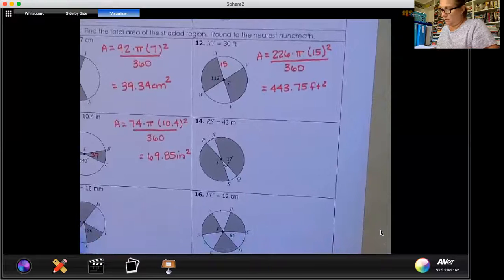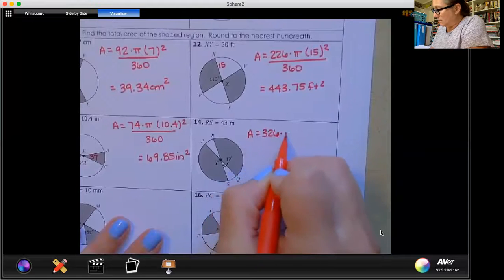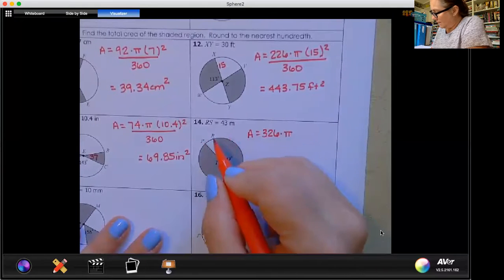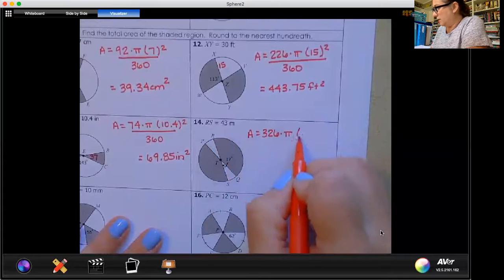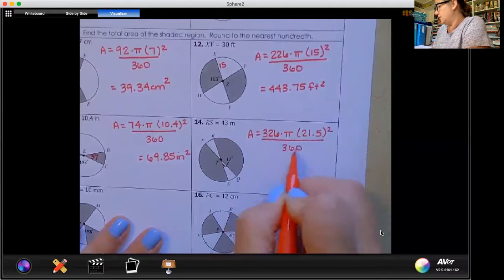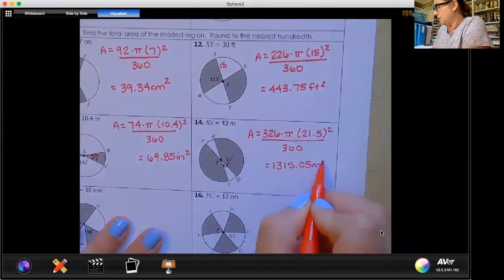And then you can do 360 minus 17 to give you 343 for this one, times pi. RS is a diameter, so divide by 2 and get 21.5 squared for your radius over 360, 1,315.05 meters squared.